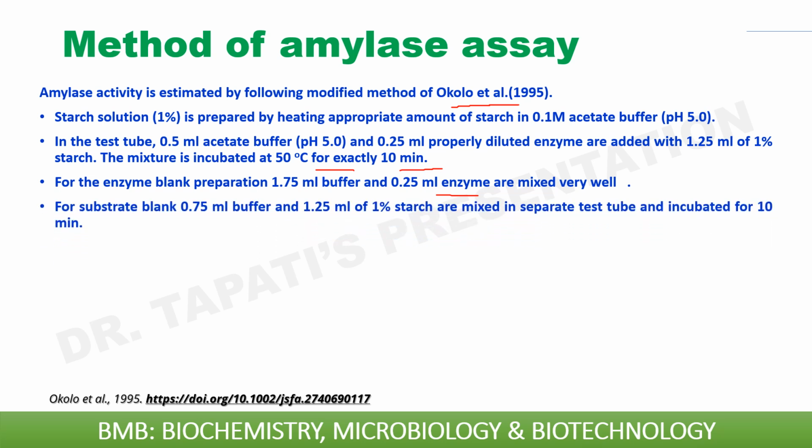Now for the substrate blank, 0.75 ml buffer and 1.25 ml of 1% starch are mixed in a separate test tube and incubated for 10 minutes. So in the substrate blank, we are taking buffer and only starch in order to get the value of reducing sugar content in the 1% starch solution.